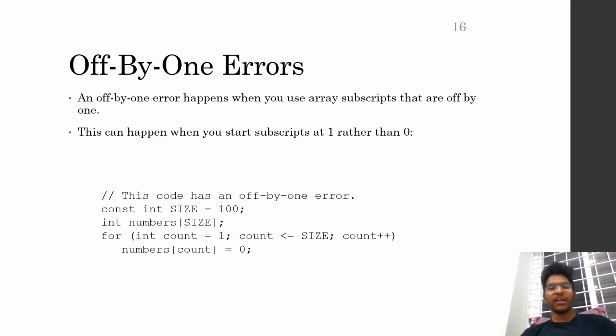Off-by-one errors. An off-by-one error happens when you use an array subscript that is off by one. This can happen when you start subscripts at 1 rather than 0. Here is an example where the subscripts start at 1, with constant SIZE 100.